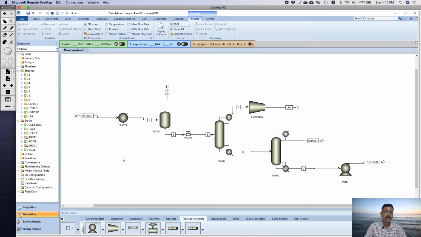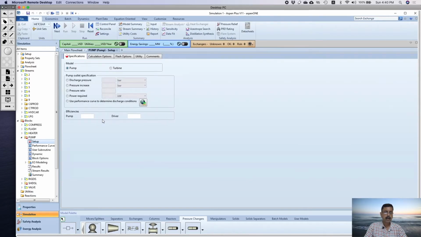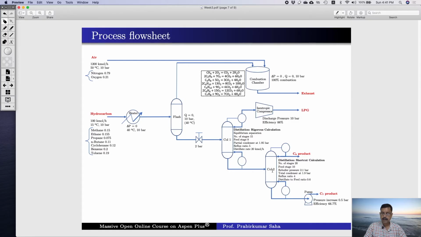Okay, so let us press next. Yeah, it is asking for pump. It could ask for the distillation only also, but distillation, as it starts with S, comes later. Pump comes first, P comes first, so it is asking for pump specifications. Pump pressure increase is 0.5 bar and efficiency is 66.7%.